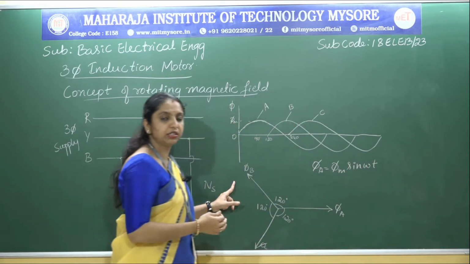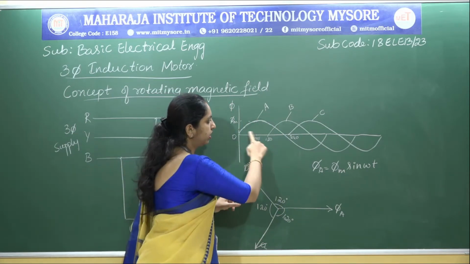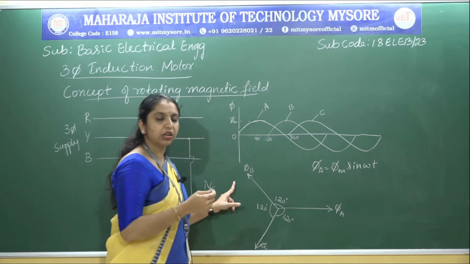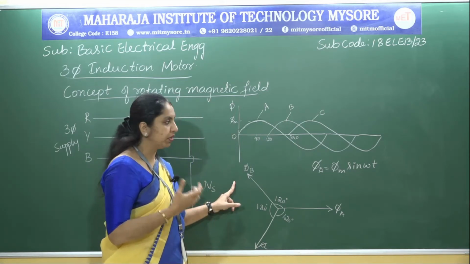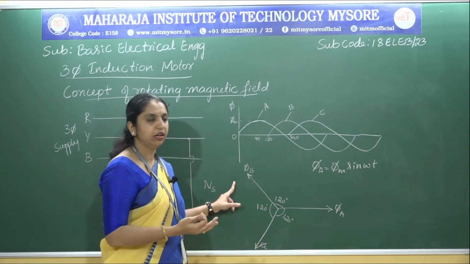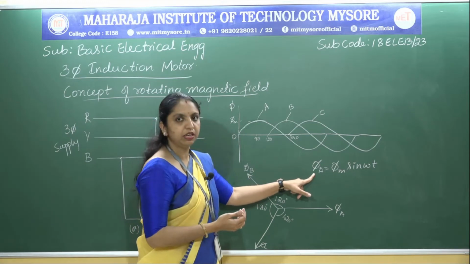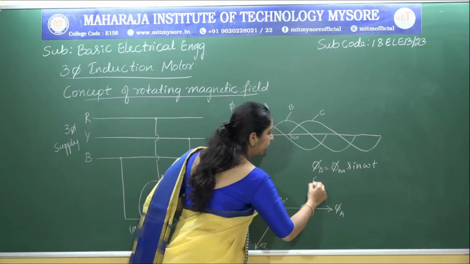As we have already discussed the same concept in 3-phase circuits, there we represented it in the form of voltage, that is induced EMF, but here, since we are talking in terms of the rotating magnetic field, we represent it in flux, that is phi. So phi A is equal to phi m sin omega t.